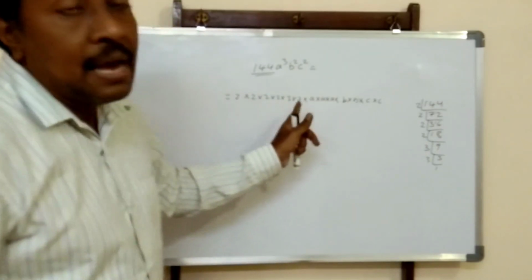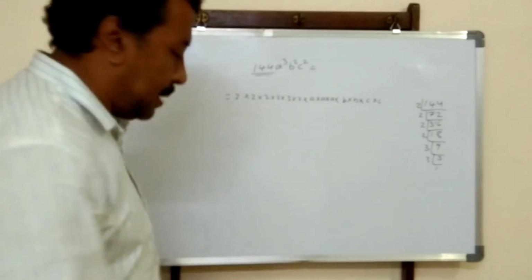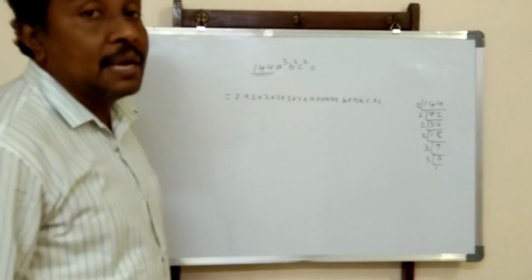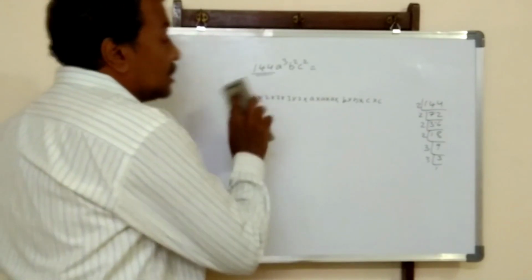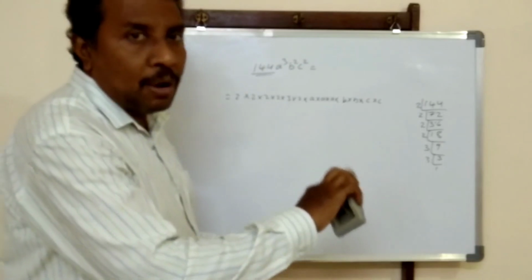This is called the expanded form of a monomial. So this is very important before we start learning dividing a monomial with a monomial.